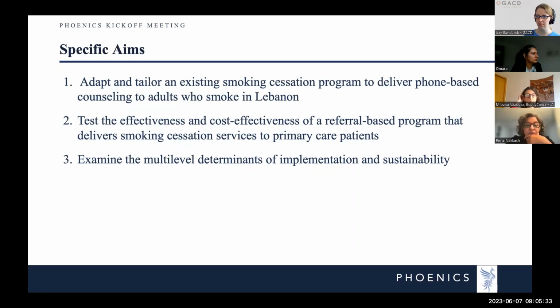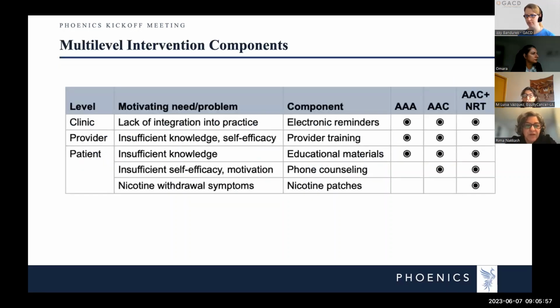Later on, we will move forward to test the effectiveness and cost effectiveness of a referral-based program that delivers smoking cessation to primary care patients, and look at the determinants for implementation and sustainability. A main partner with us is the Ministry of Public Health and the Department of Primary Healthcare Centers.